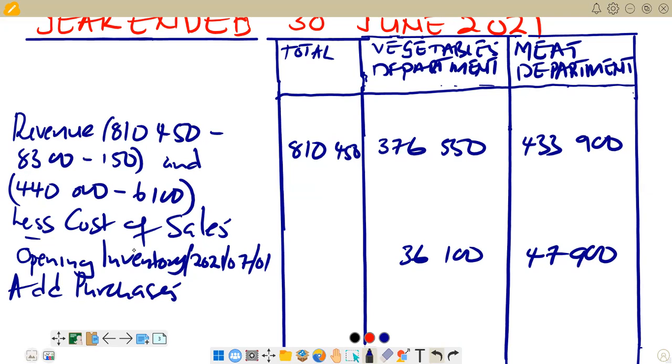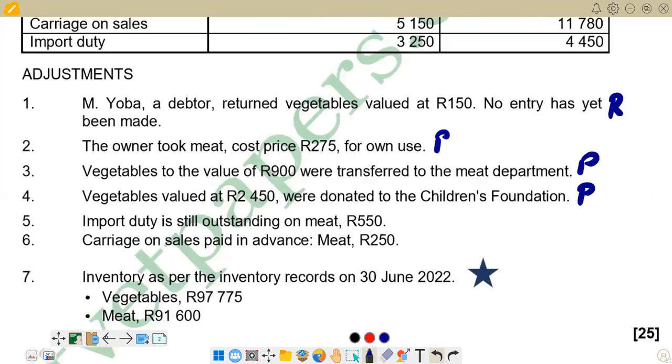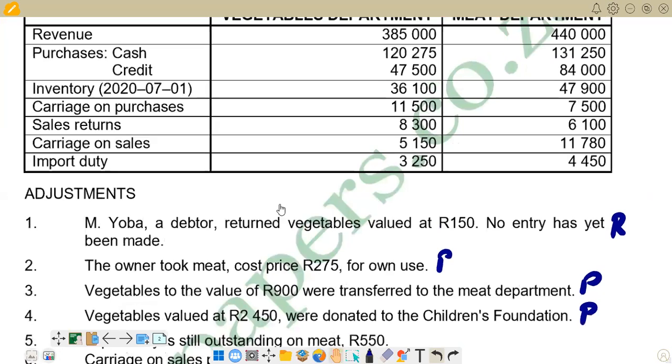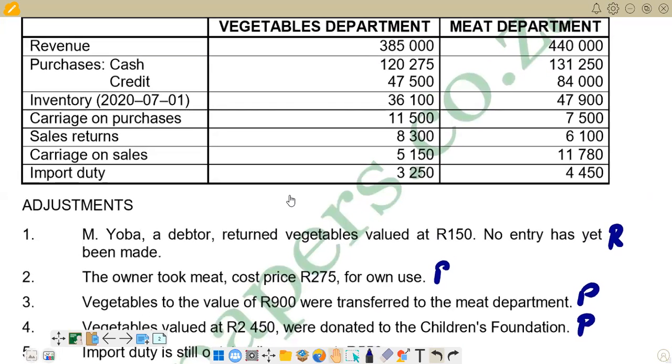Obviously we are having two departments there. So we're going to calculate the purchases for the vegetables department, then we calculate the purchases for the meat department. Remember, we've got adjustments for purchases. Let's start with the meat department. For the purchases figure, we are given two figures there for cash purchases and credit purchases.